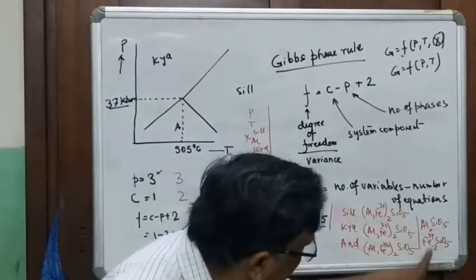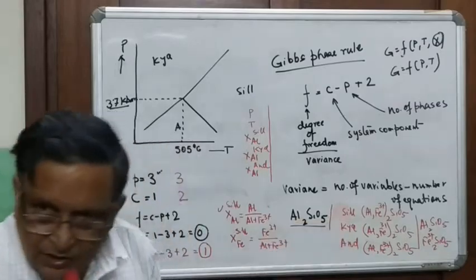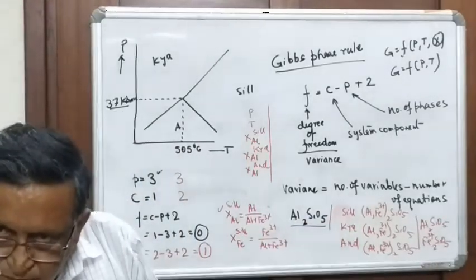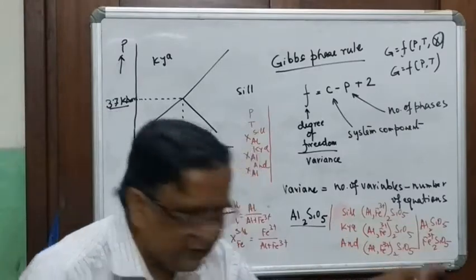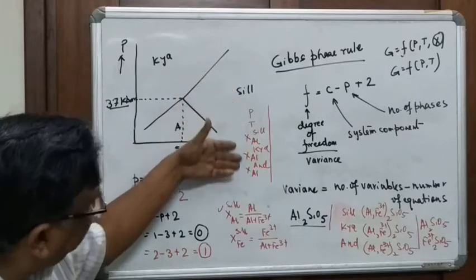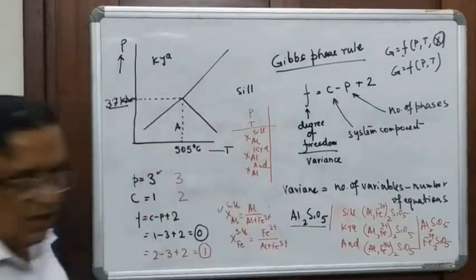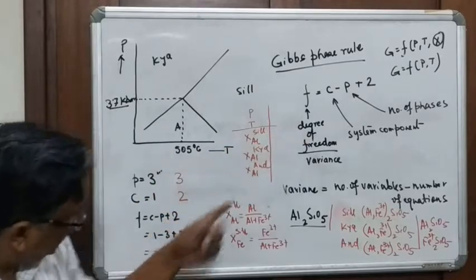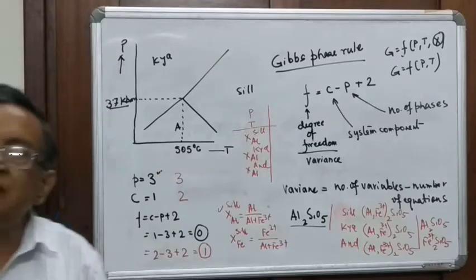The moment you change this, every mineral here, all the 3 minerals, can vary its composition between the 2 end members, Al2SiO5 and Fe2SiO5, and as a result, you will have these 5 variables. Pressure and temperature are common to both, in black and red, but this variable comes in.